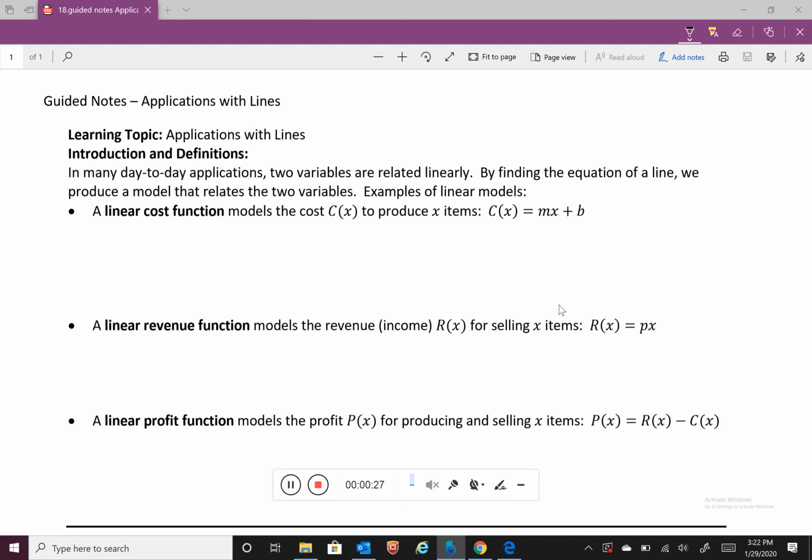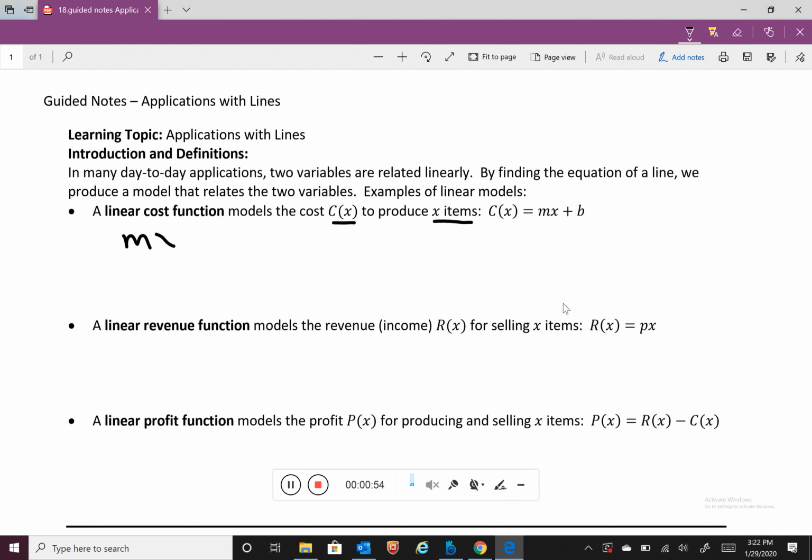So the first one is a linear cost function model. And this looks at the cost defined as C of X to produce X items. C is the name of our function, X is the number of items, and C of X is our cost function.